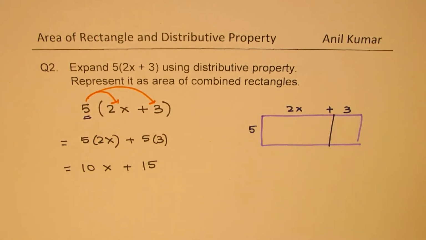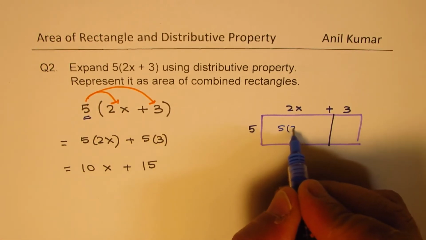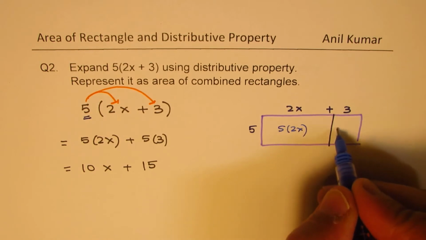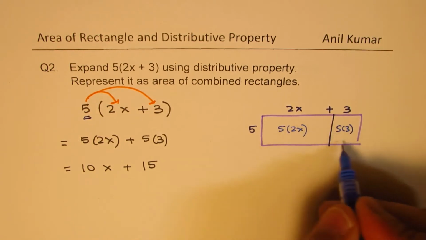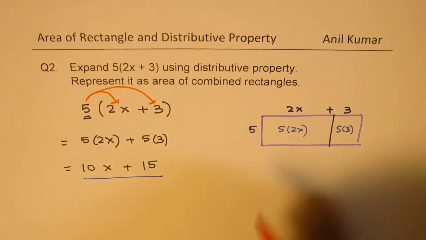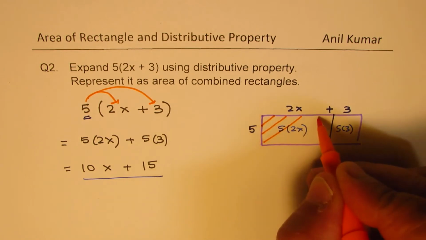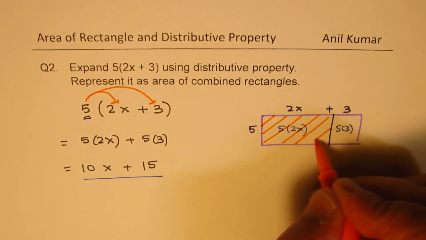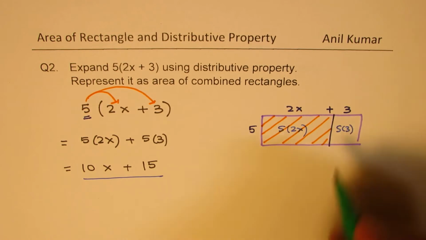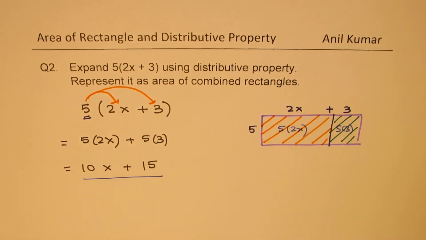And as you can very clearly see, the sum of these two areas, this is 5 times 2x and this area is 5 times 3, and their addition is 10x plus 15, correct? So that is how you do such questions. Is that clear to you, right? So these are the two areas which get combined to form the combined rectangular area.